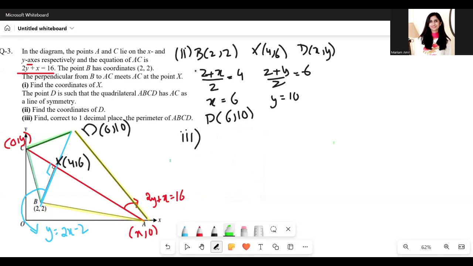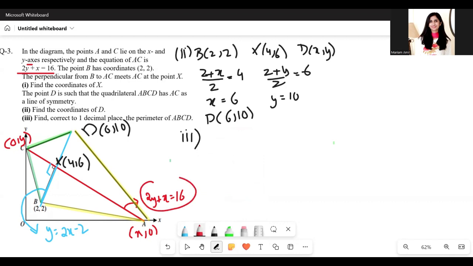So find AB, then find BC, add and double, we'll get the perimeter. Now the question is, how do we find AB? We don't have the coordinates of A. And then how do we find BC? We do not have coordinates of C. But we do have the line AC.